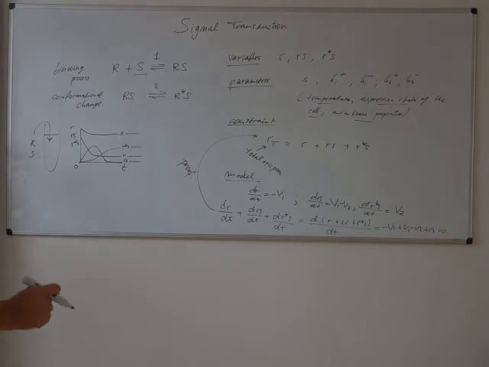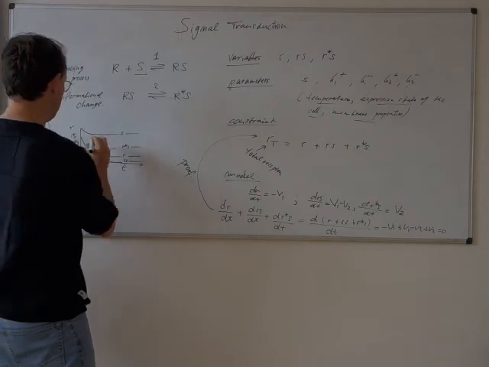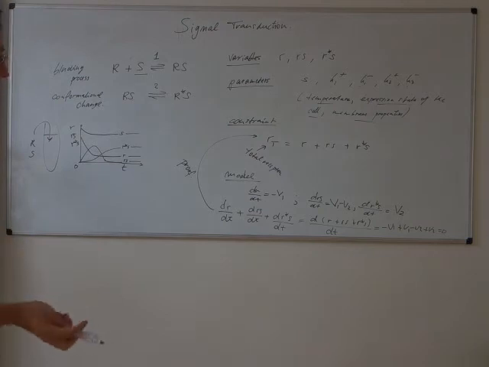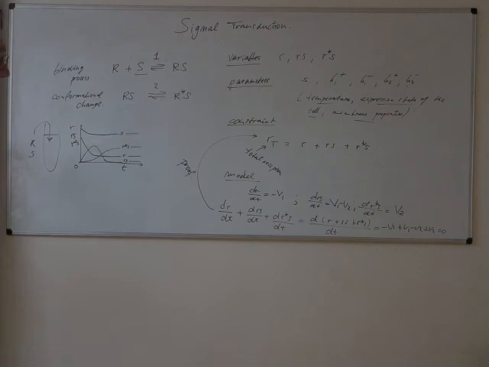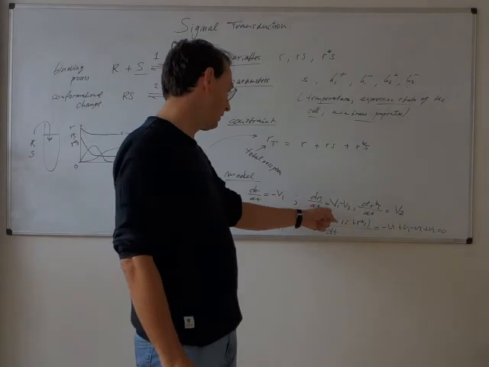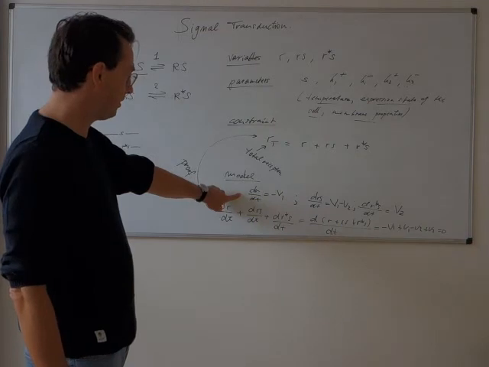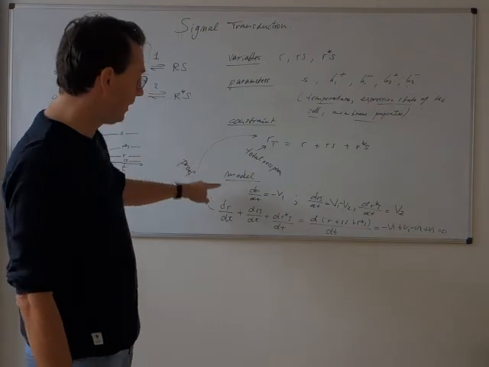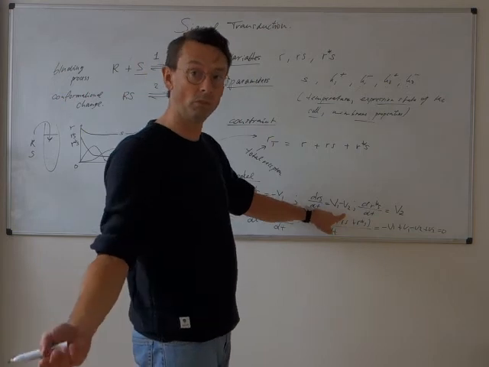We could check this, I do this in the syllabus, but I'm not going to explain this here. And so this final state, we have to ask ourselves, what state will it be? Is it going to be an equilibrium state or is it going to be a steady state? Now, this you can deduce from the differential equations of the concentration. If the concentration is not fixed but constant in time in the end state, then V1 must be 0. If V1 is 0, then V2 must be 0 too.